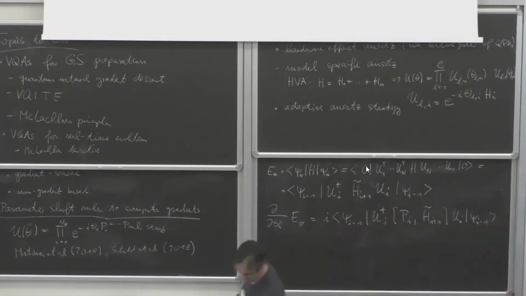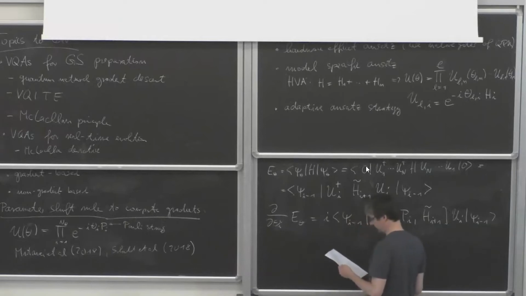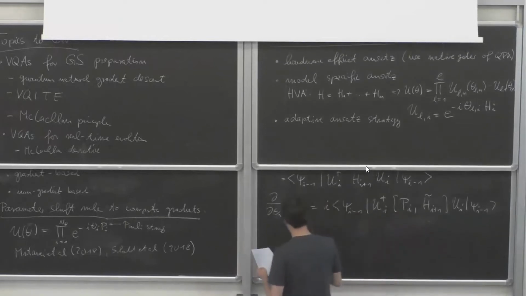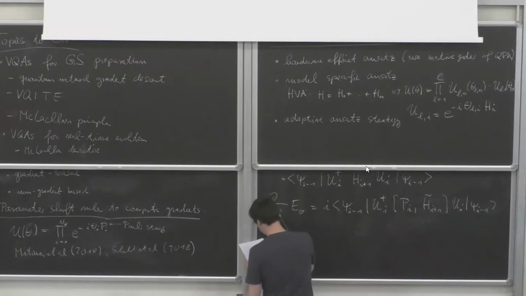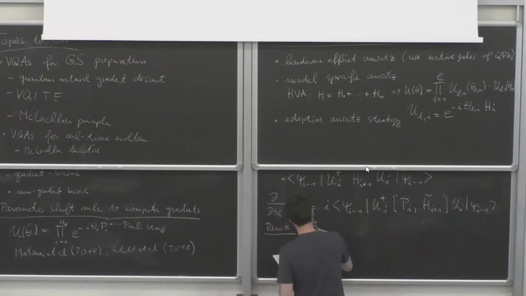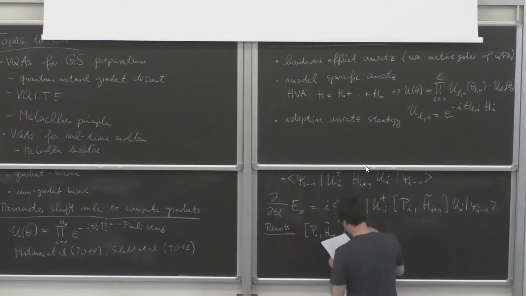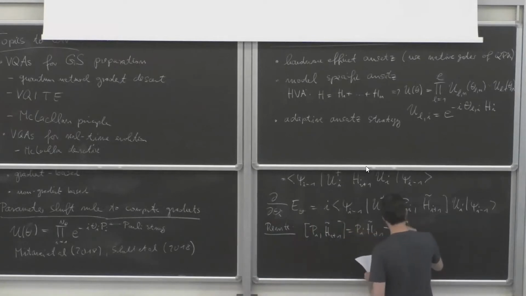Now this commutator, you can actually rewrite because P_i is a Pauli. That's just the definition of the commutator.